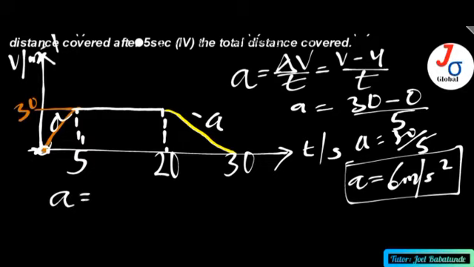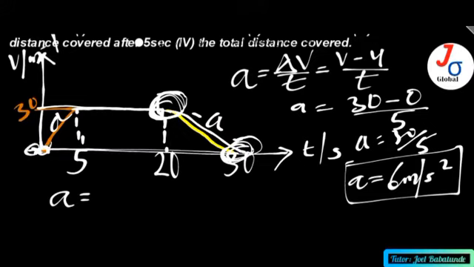equals what? Where is it starting from? It starts reducing from here and it stops here. So retardation starts from here and stops here. If it starts from here, then u will be 30. That's the initial speed, 30. And the final will be what? It stops here, 0.